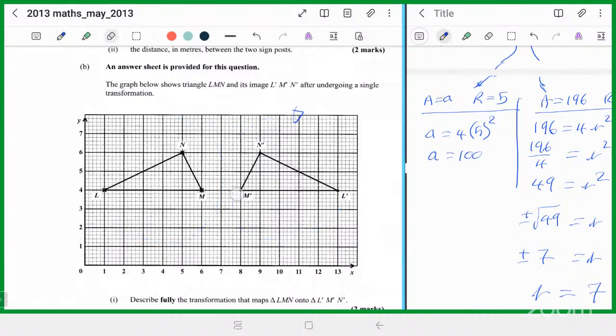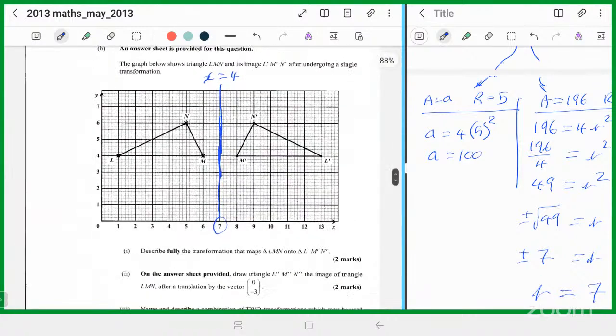And the mirror line is halfway between the corresponding points, halfway between these 2 points. For example, the line here, halfway between these 2 points, is the mirror line. So the reflection in this line, which passes through 7 and is vertical, is x equals 7. That's what that transformation is.